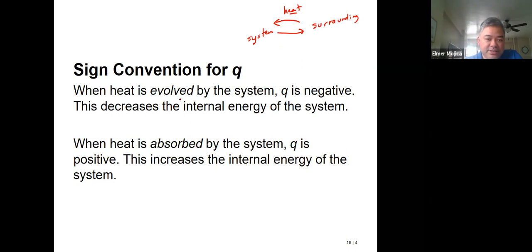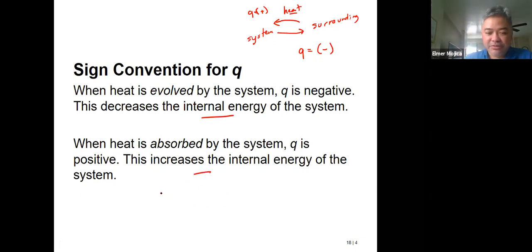So when heat is evolved by the system, that means Q is negative. When heat is absorbed by the system, then Q is positive. So what does it mean? If the system gains heat, you have a positive Q. If the system loses heat, then you have a negative Q. So one will decrease the internal energy and the other will increase it.